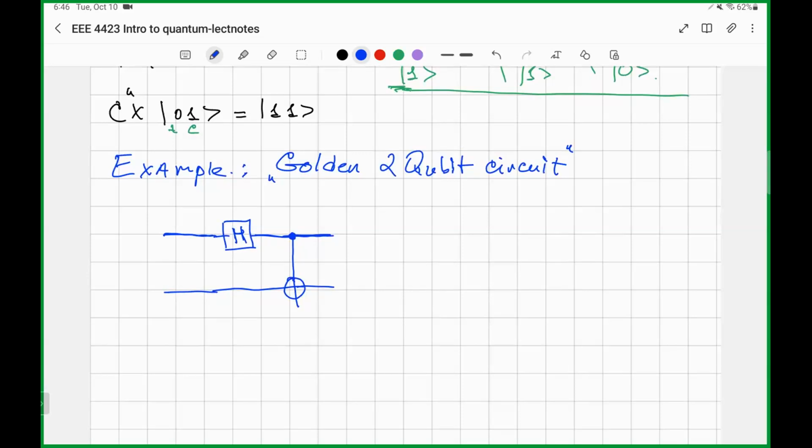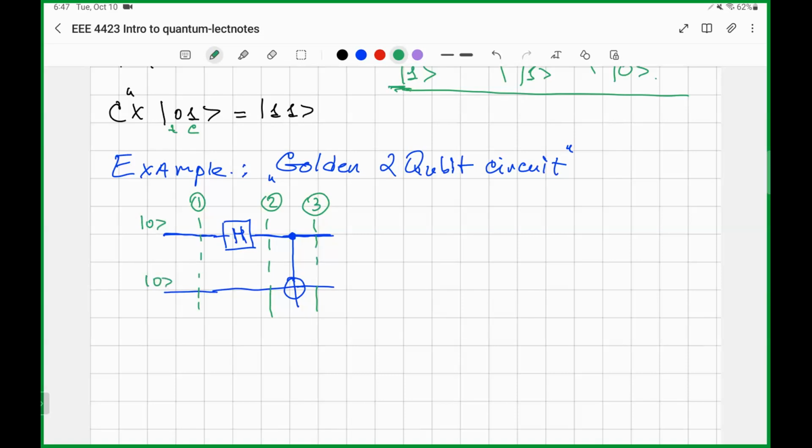Let us consider different layers in this circuit. So this is the layer number 1. This is the layer number 2. This is the layer number 3. And the question is, what is the output if the input is 0, 0?